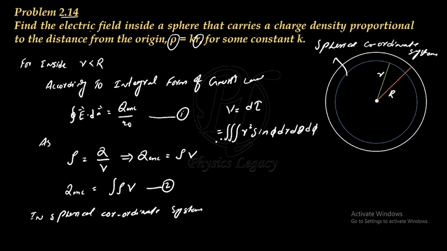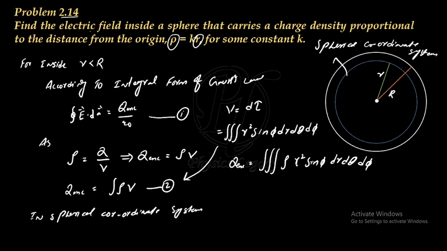So we put this relation into equation number 2, and equation number 2 becomes Q enclosed equal to triple integral of rho into r square sine phi dr d theta d phi.